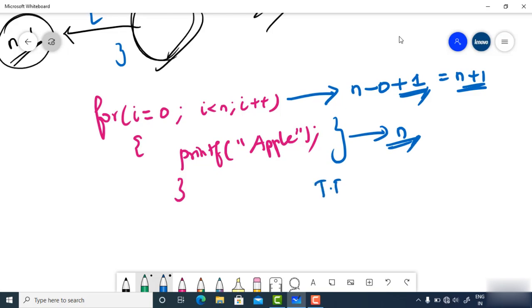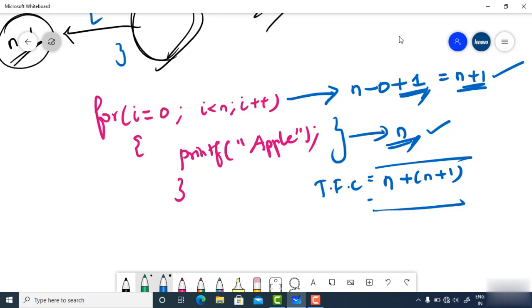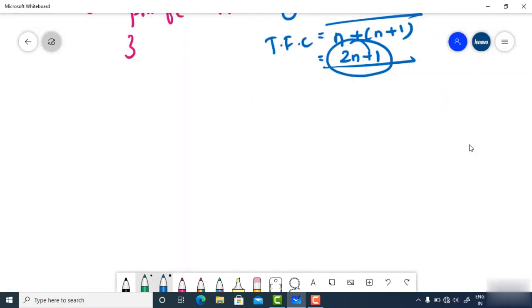So what is the total frequency count? You just add these two. So n plus n plus 1, and if you add this, you'll get 2n plus 1. So that is the total frequency count. And if somebody asks me what is the big O of this total frequency count, 2n plus 1, that is O of n.